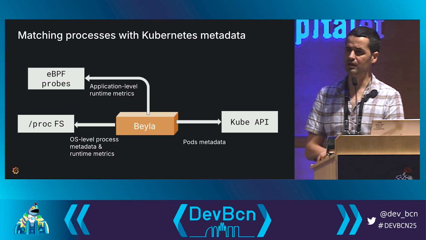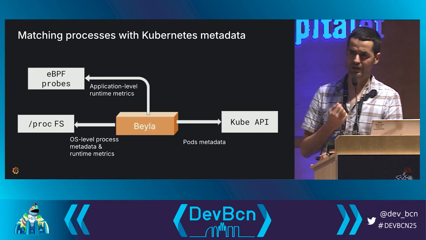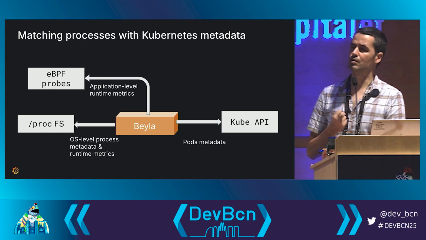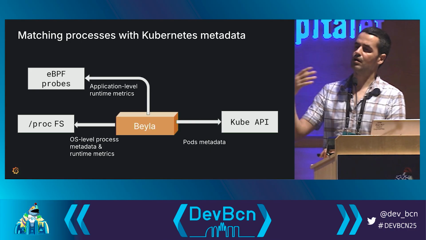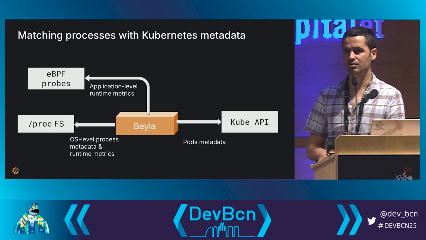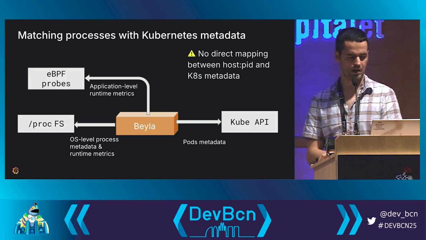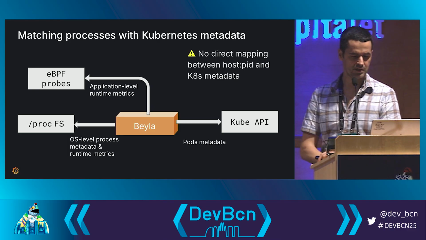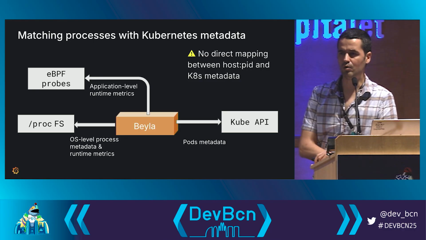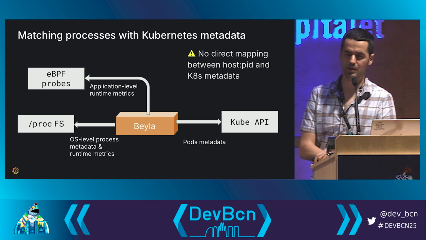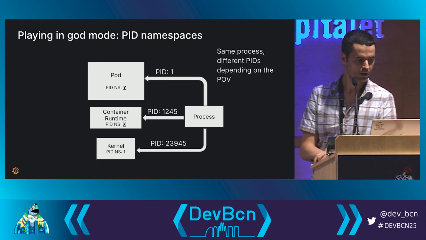The Kubernetes API allows you to manage your Kubernetes cluster, but it also allows getting a snapshot of your whole cluster, all the pods running in your cluster, with some extra information or the metadata of those pods and services and deployments. But there is no direct mapping between a given host or a given pod and the PID, or the process ID, it belongs to.